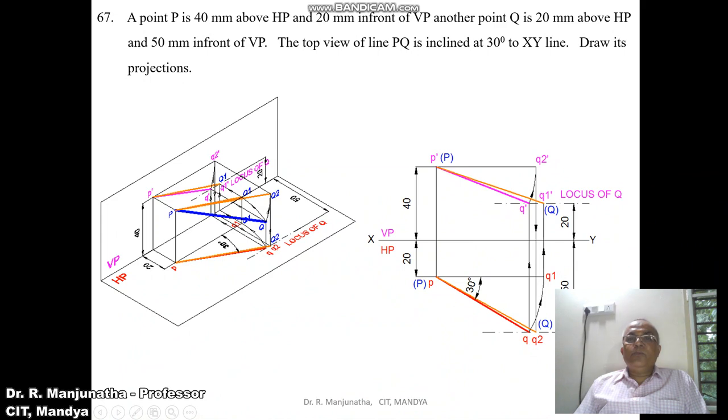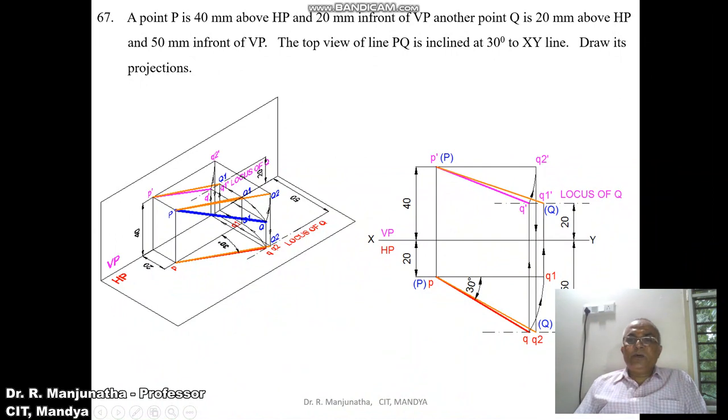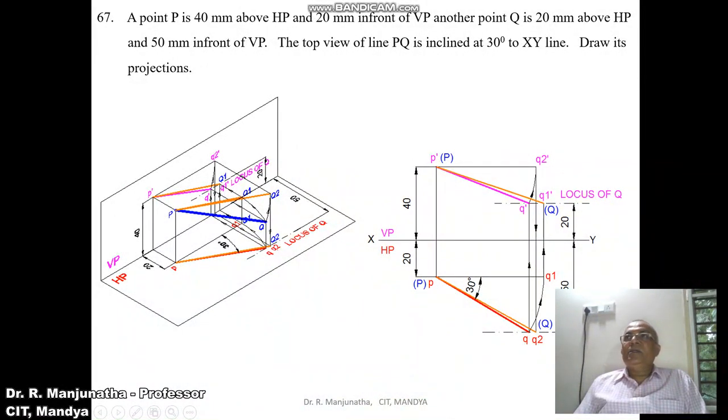That means both P dash and Q2 dash are above HP by 40 mm. Then from Q2 dash, draw a vertical projector to the locus of Q in the top view so that it cuts at the point Q2. Then join P Q2 a little bit thicker than the XY line.